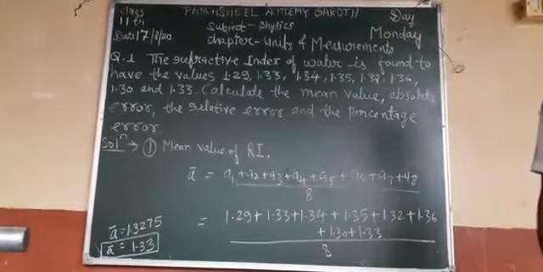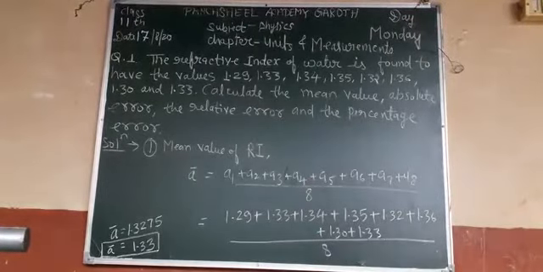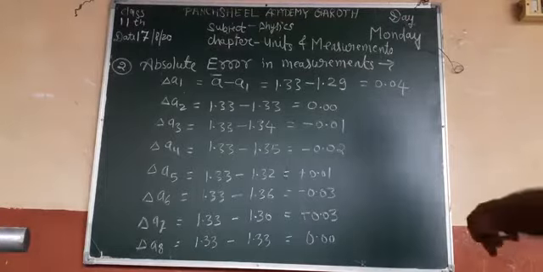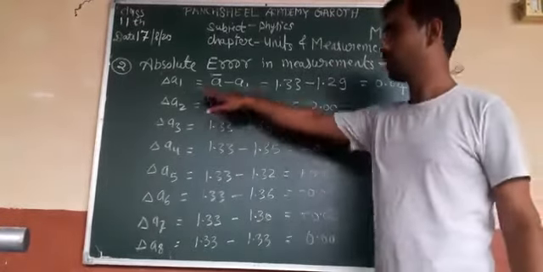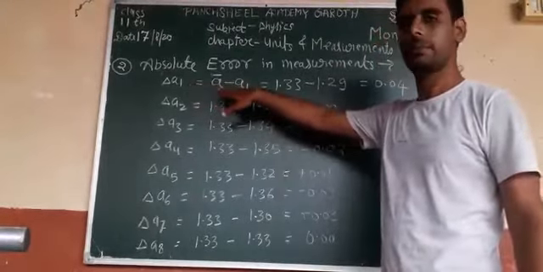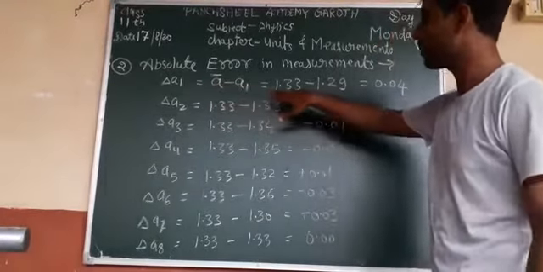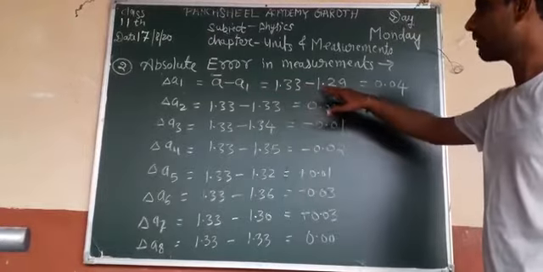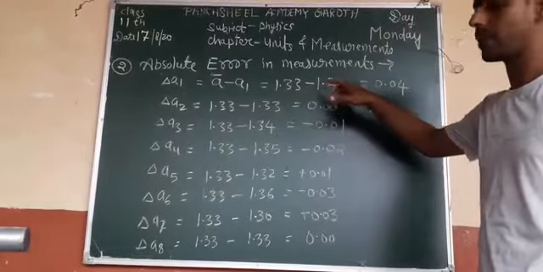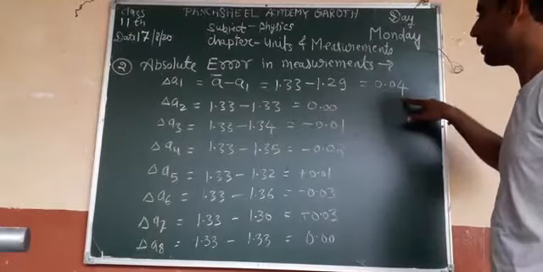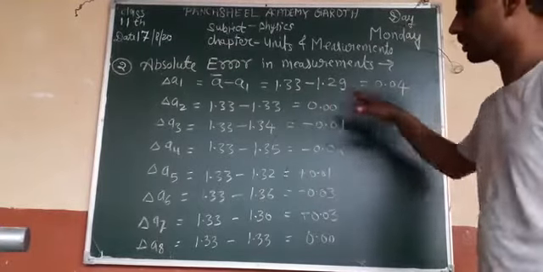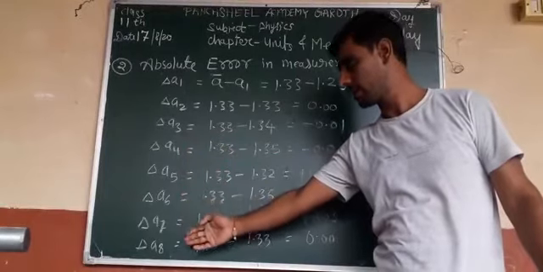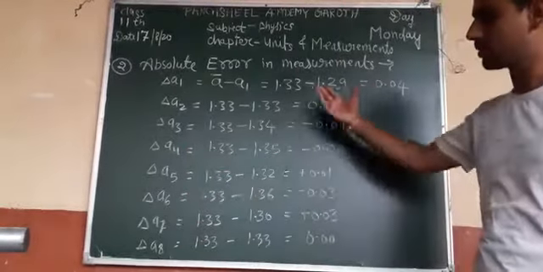Now we calculate the second. Absolute error in measurement, delta A1 equal to A mean minus A1. A mean is 1.33, we have calculated it. And A1 is the first observation or first reading, 1.29, so 0.04, and A2, A3, A4, A5, A6, A7, A8 we can calculate like this.